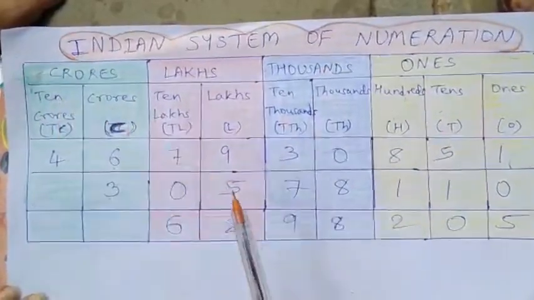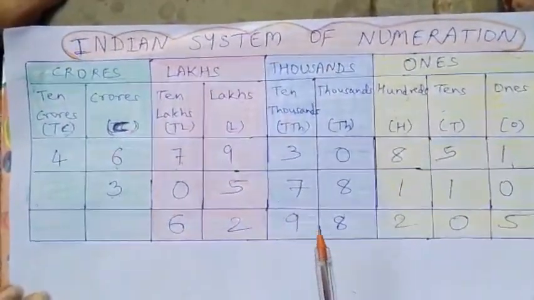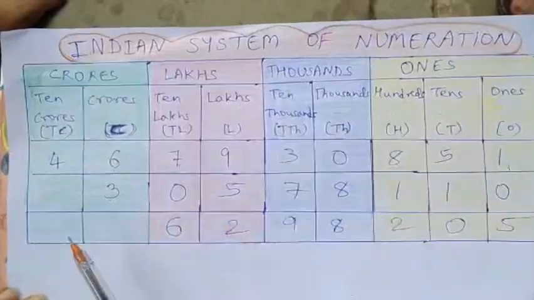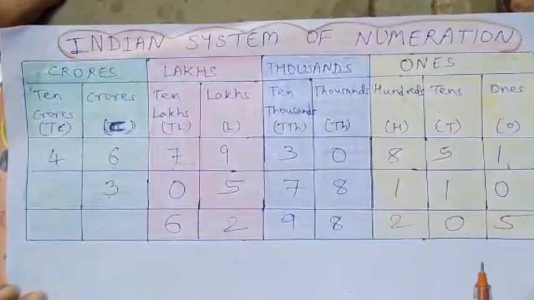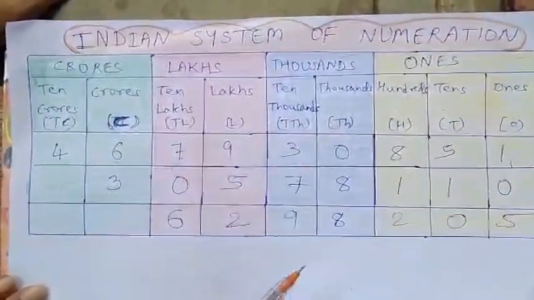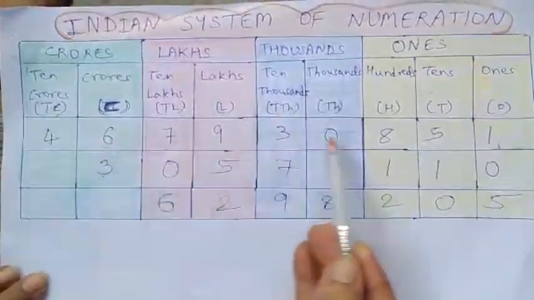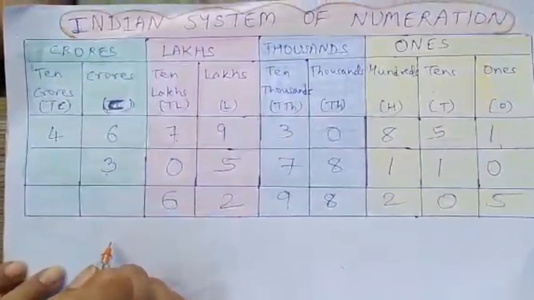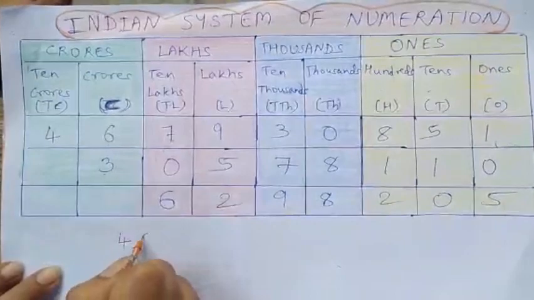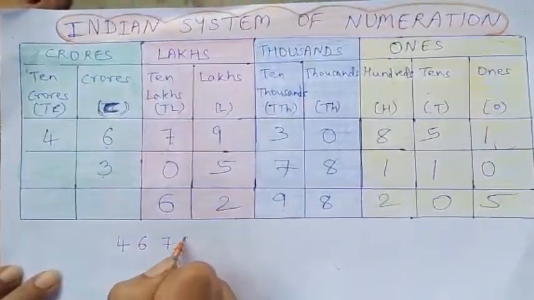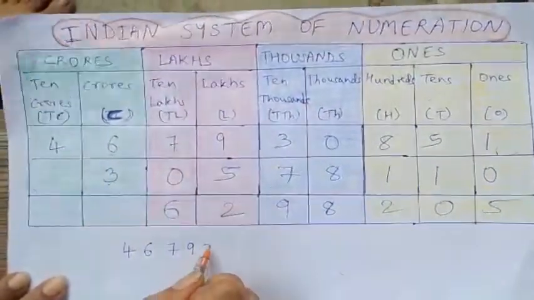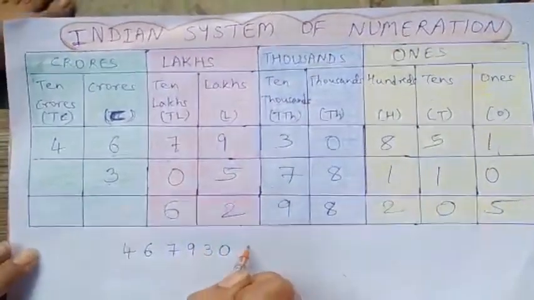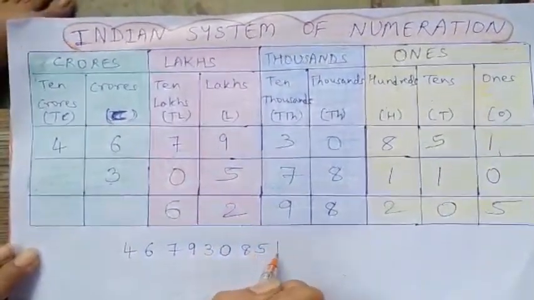Now, we will learn to insert commas in numbers using the Indian system of numeration. For example, let us consider this one. The same number I am writing here: 4, 6, 0, 8, 5, 1.